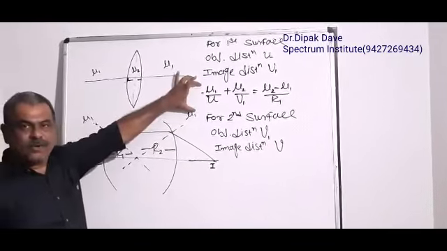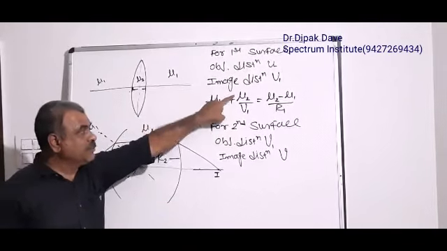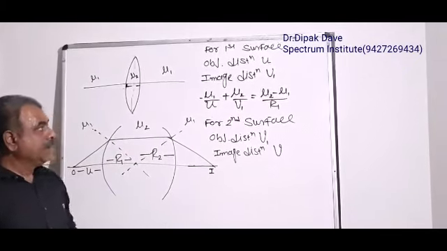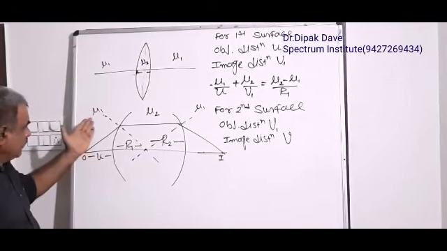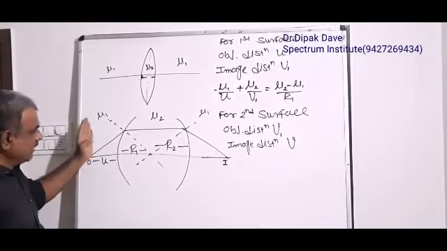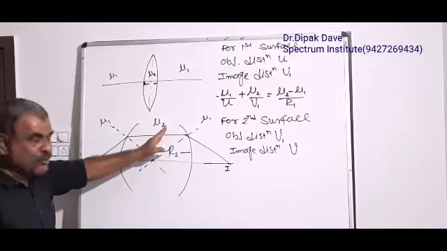So applying the same formula for the second surface, mu1 by U plus mu2 by V1 is equal to mu2 minus mu1 by R. But there will be one more change. In this case, light is passing from the medium having refractive index mu1 to the medium having refractive index mu2.